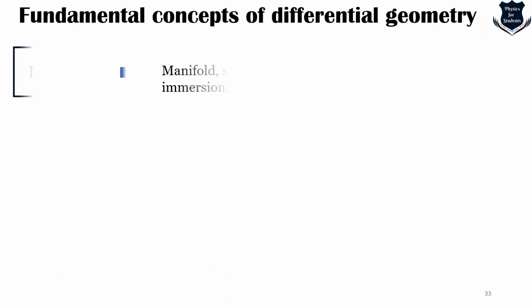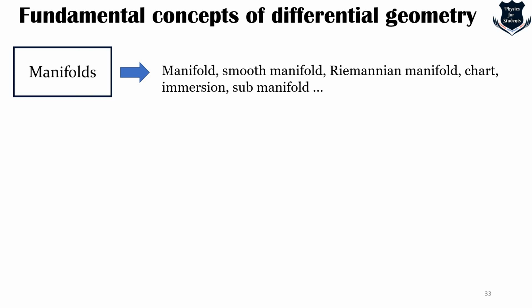subject. Okay, so now we come more into the fundamental concepts of differential geometry. When we talk of fundamental concepts, it is a huge subject. It contains many parts, which is difficult to explain in one video. However, I have just summarized the fundamental concepts into 4 or 5 parts.